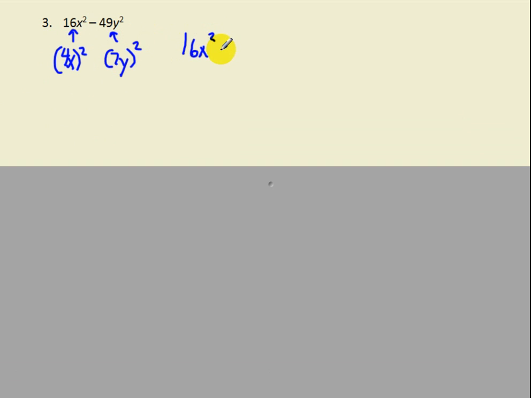So 16x squared minus 49y squared is equal to 4x, that first square root, plus that second square root 7y, times the same thing except subtracting, so 4x minus 7y.